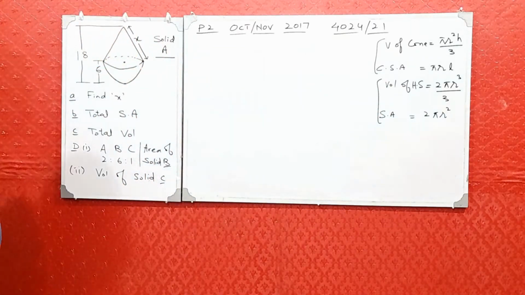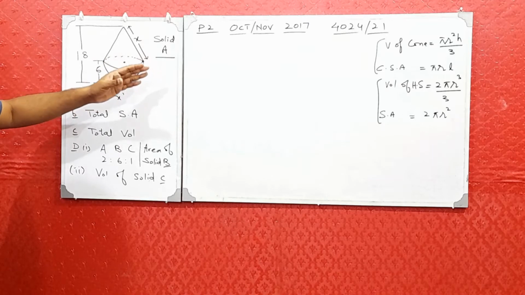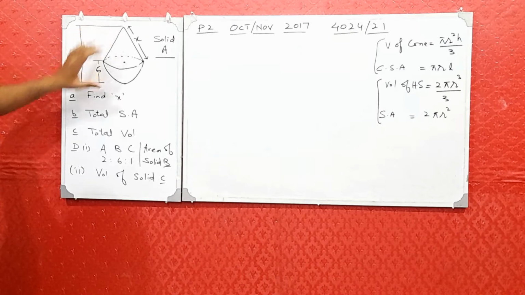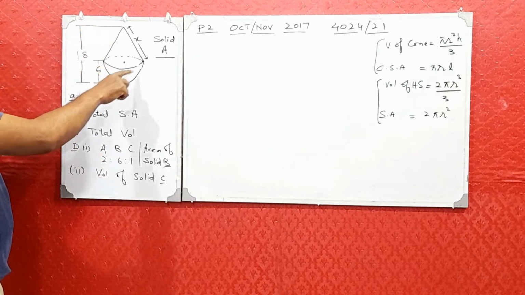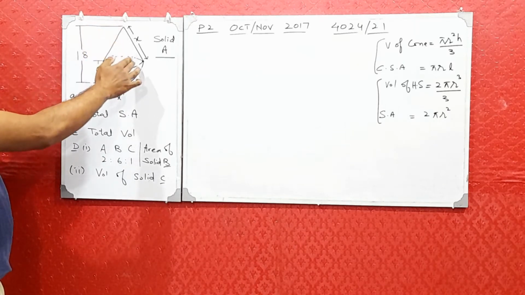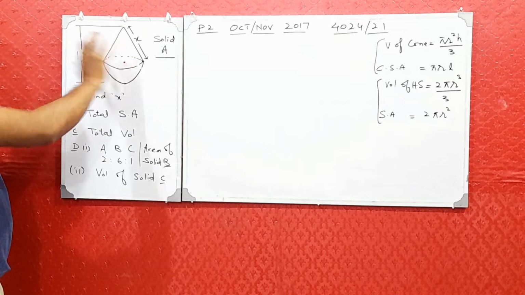Now what is the question? The question was that a solid was given, in this form. It is a combination of a hemisphere and a cone. These both are joined together and they are making this solid.